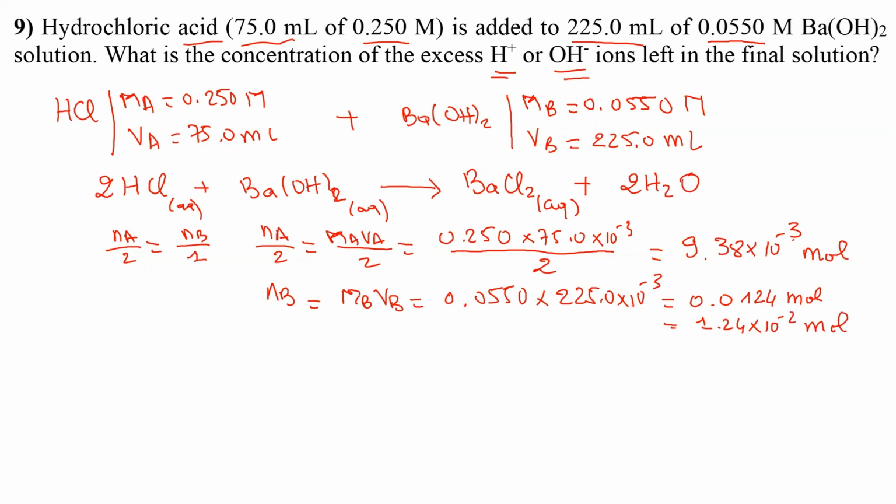So what do we see? We see that NB divided by 1 is bigger than Na divided by 2. So what is our limiting reactant? The acid HCl is the limiting reactant.